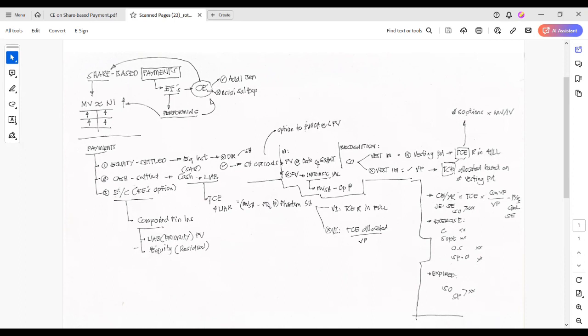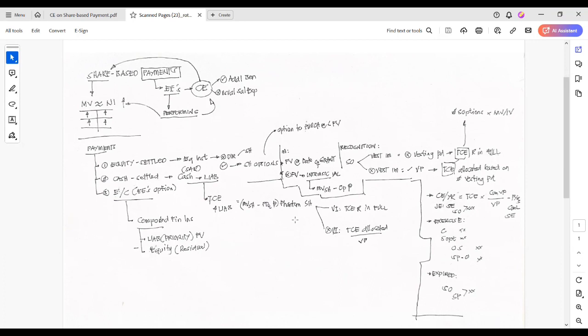That is why it is market value of the shares minus the predetermined price. If it goes down below 100, you get no payment, no additional benefits. Market value of the share minus the predetermined price times the phantom shares.